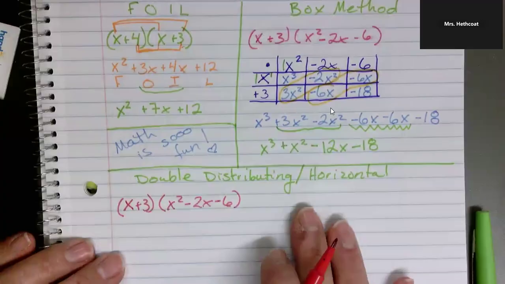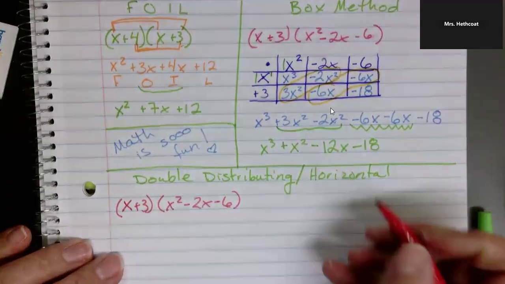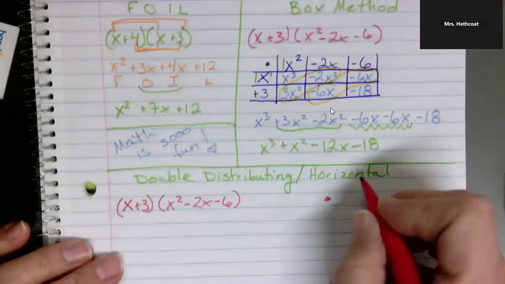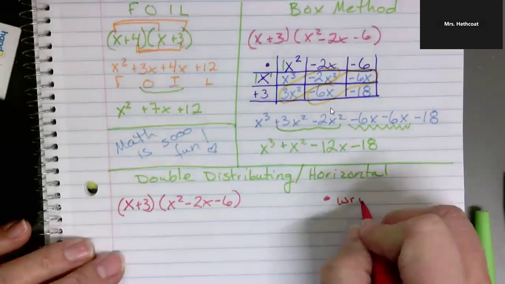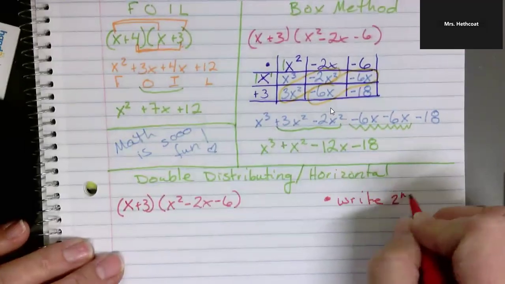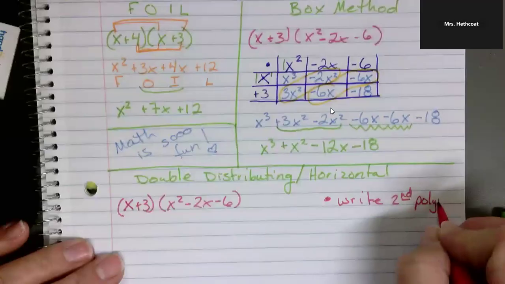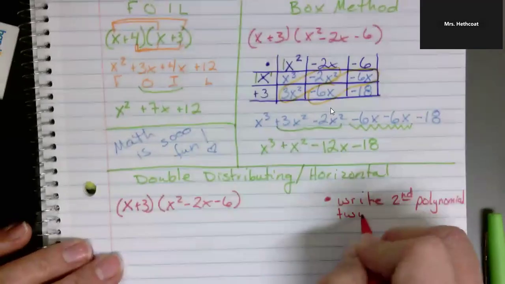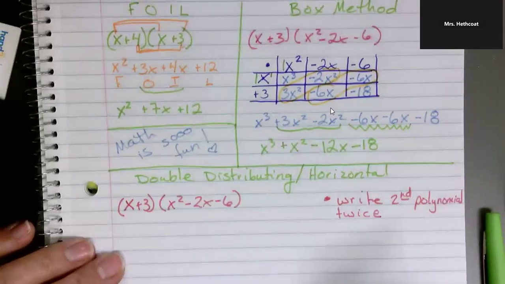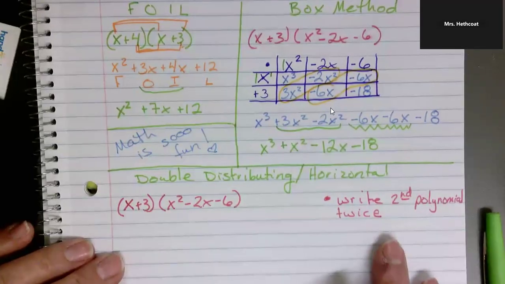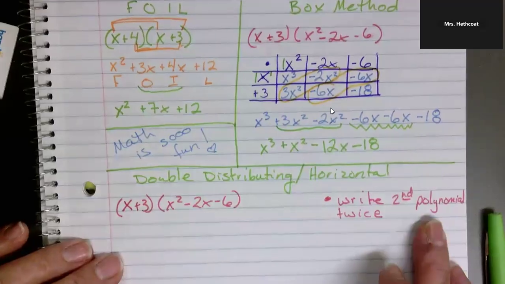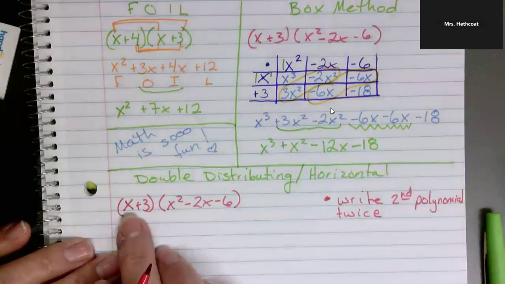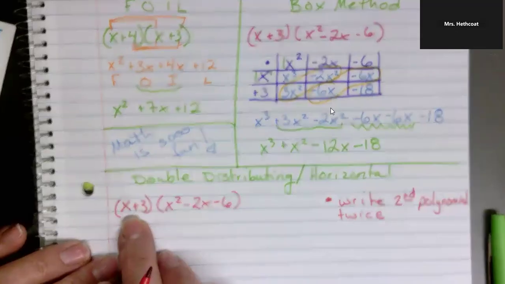And then let's keep track of what steps we're doing. So over here on the side, let's write: we're going to write the second polynomial twice. This is not actually precise language because we're actually going to write the second polynomial for as many terms as are in the first polynomial.